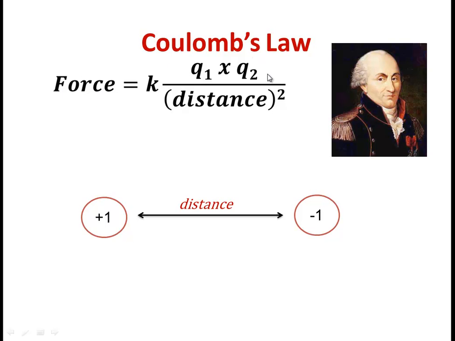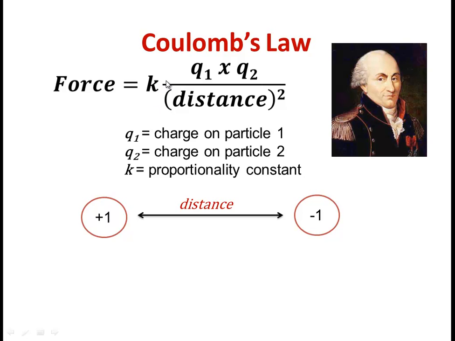It takes the form of an equation. In the equation, the Q's represent the quantity of the charge on each particle. Q sub 1 is the charge on particle 1, and Q sub 2 is the charge on the other particle. And K is just a proportionality constant. Don't worry about that for now.